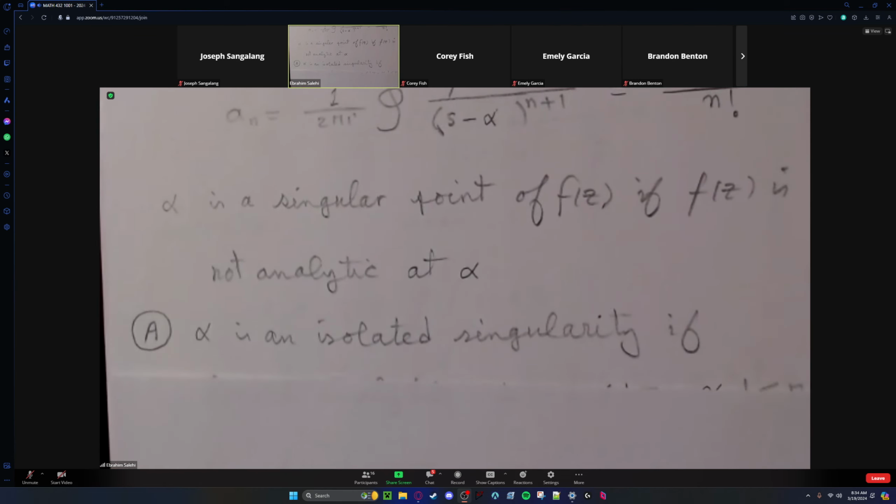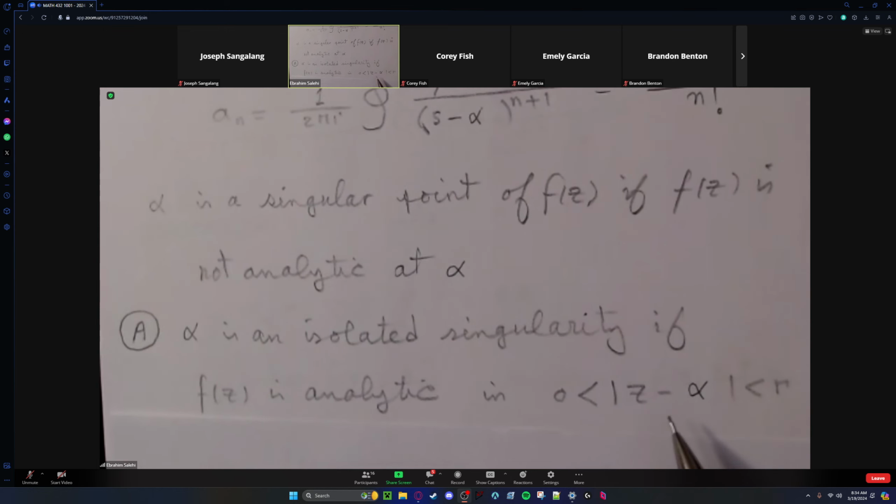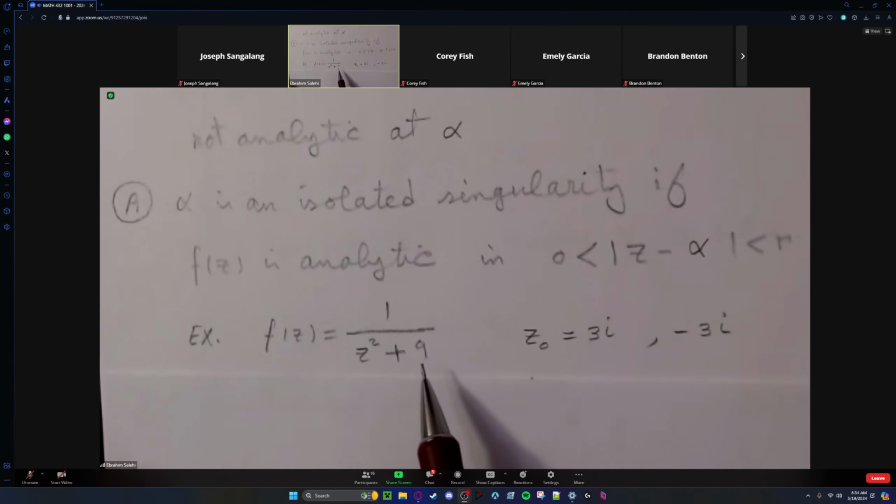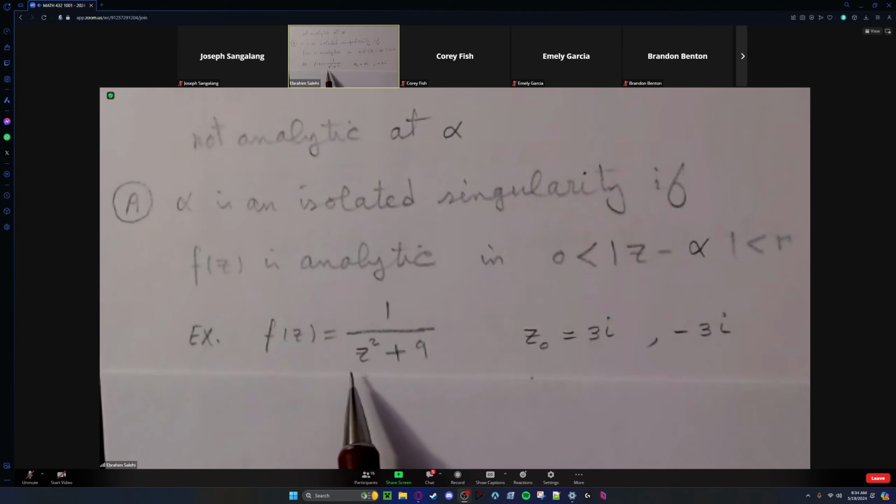When we say isolated singularities, in a neighborhood of that alpha everything is fine, except that alpha itself, where the function doesn't have a derivative. Those are called isolated singularities, and here I gave you examples, the zeros of this denominator. Those are the only bad points of this function.